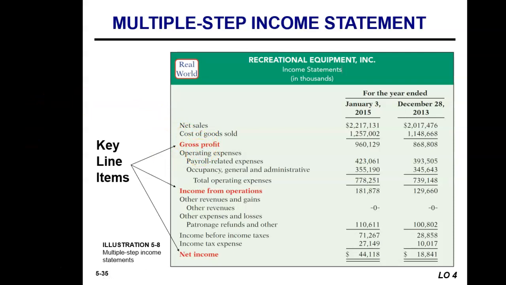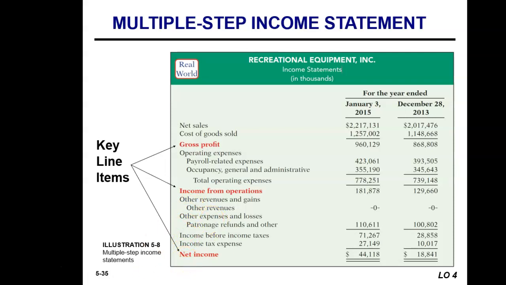When you think about your operating expenses, these are the costs of doing business. Typically, they're divided between selling expenses and general and administrative expenses, and we'll take a further look at the different types of operating expenses. So gross profit less operating expenses gives us our income from operations.